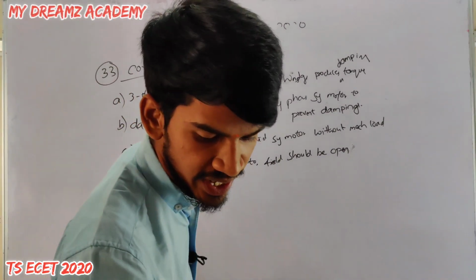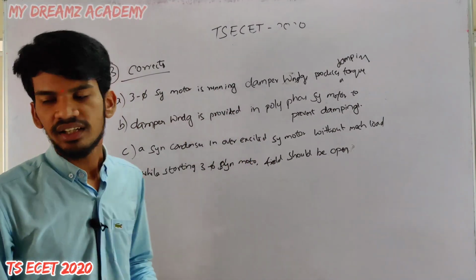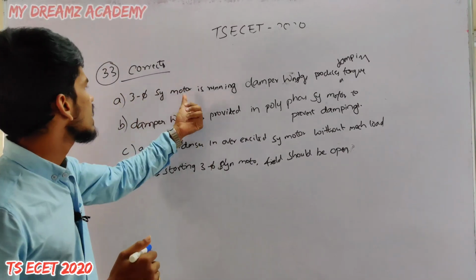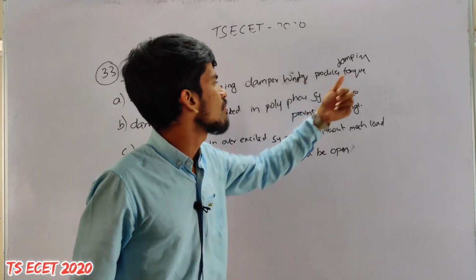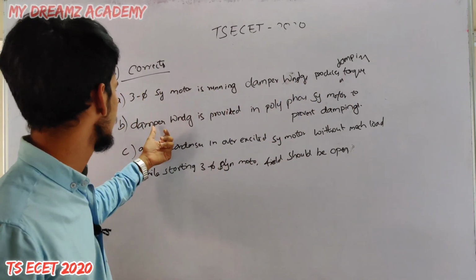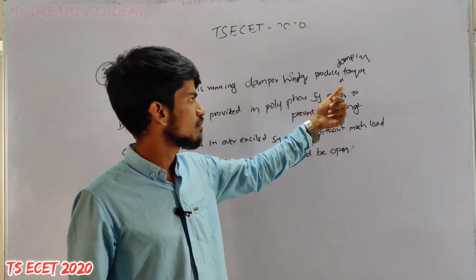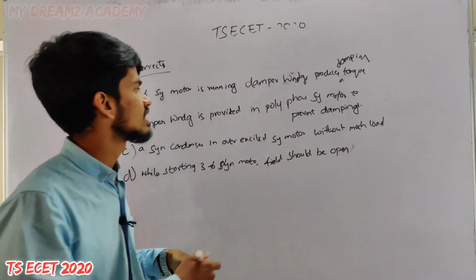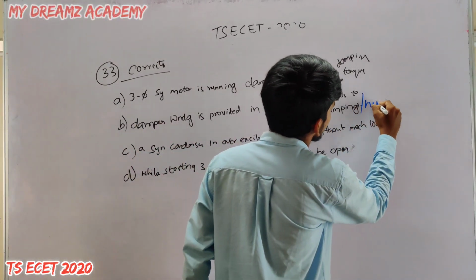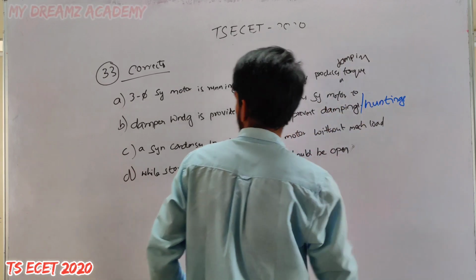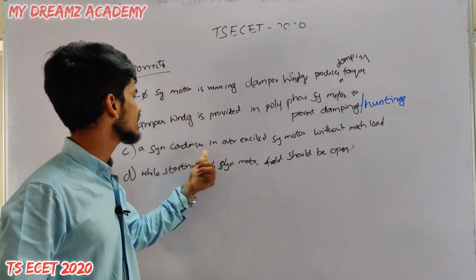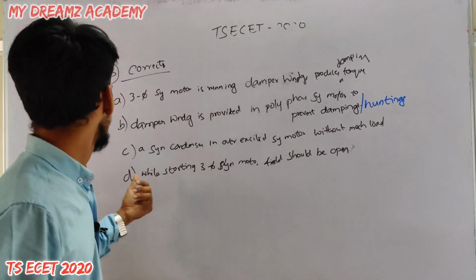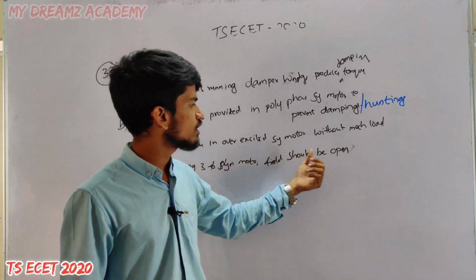From this we need to write which option is right and which option is wrong. Option A: the three-phase synchronous motor running, damper winding produces damping torque. Option B: damper winding is provided in polyphase synchronous motor to prevent hunting. Option C: a synchronous condenser is an over-excited synchronous motor without mechanical load. And option D: while starting a three-phase synchronous motor, the field should be open.